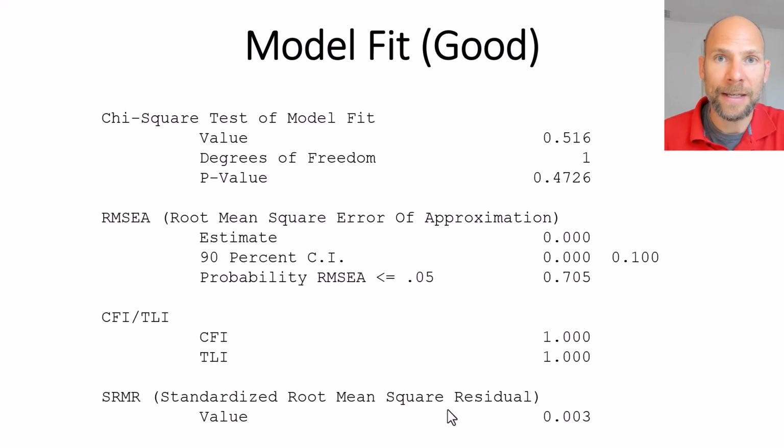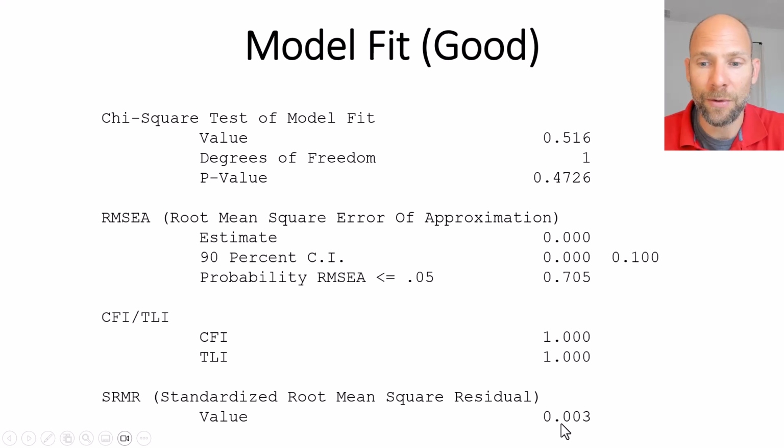And that index also, like the RMSEA, should be smaller than 0.05 for a well-fitting model. Here you can see it is very close to 0.003, which means that there are hardly any residuals here that are meaningful. So this model reproduces the observed variances and covariances very well.